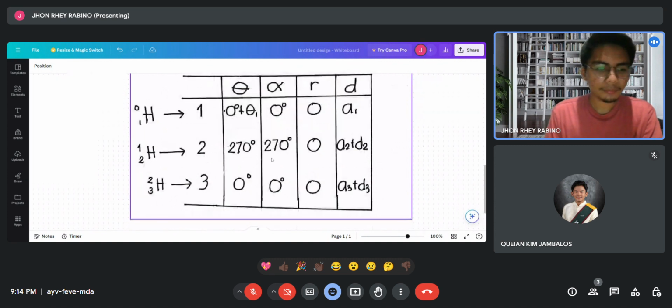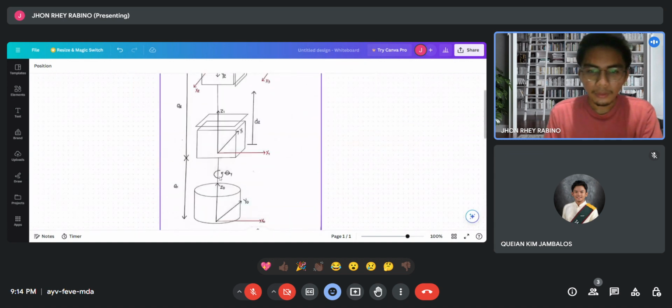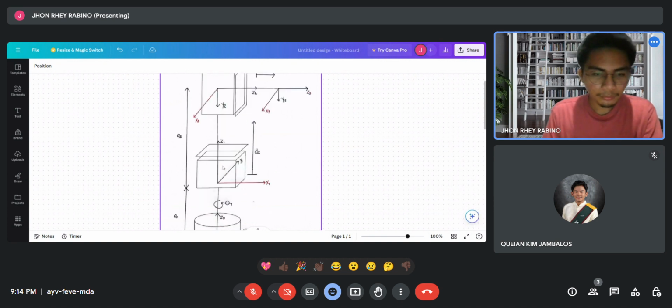Next is alpha. We will start at the base, from frame 0 to frame 1. The x sub n is x sub 1, the x sub n minus 1 is x sub 0, the z sub n minus 1 is z sub 0, and the z sub n is z sub 1.